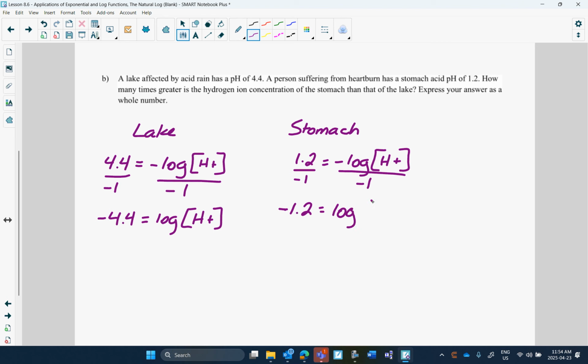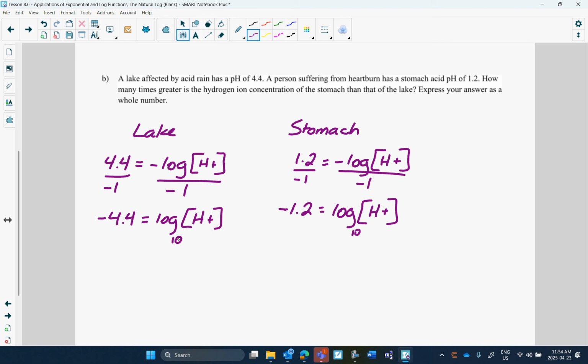What's the base of the log? 10. We need to keep that in mind, and we're going to have to use that. I've got a different type of log equation now. I can't log both sides and then get a variable by itself using the power law.